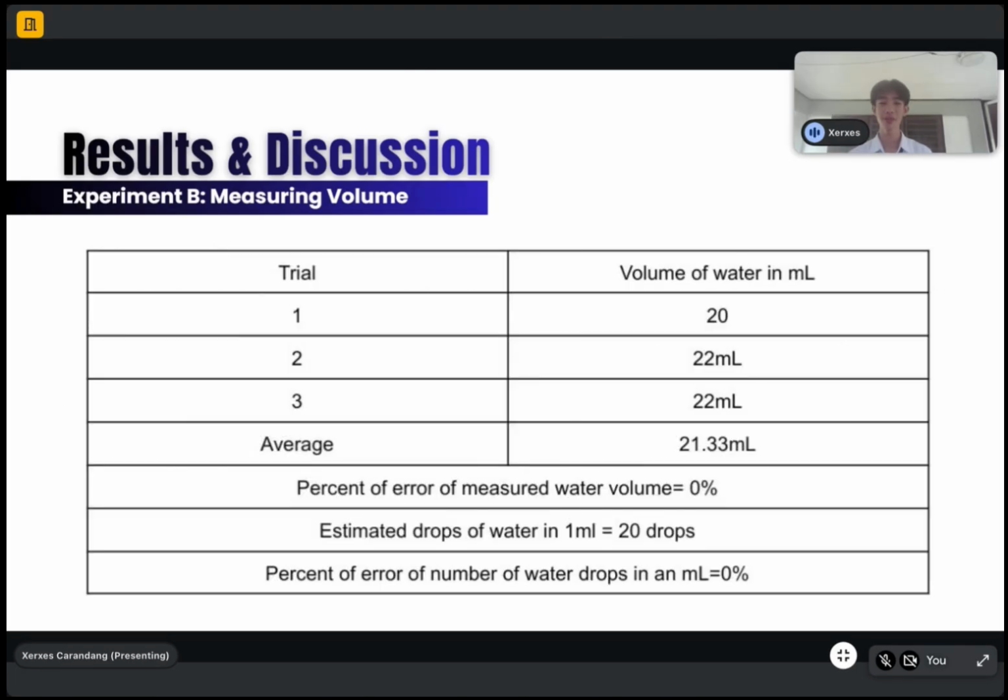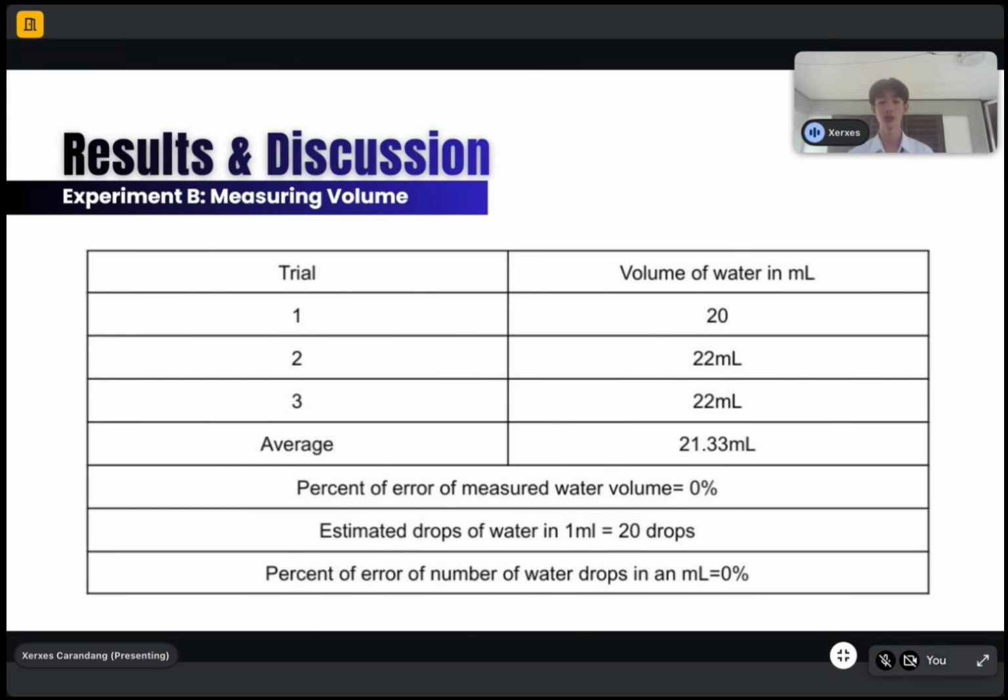For experiment B, measuring volume, we measured water using a graduated cylinder in 3 trials, then counted the number of drops needed to make 1 ml. Percent error was computed using the accepted values. For trial 1, we got 20 ml.